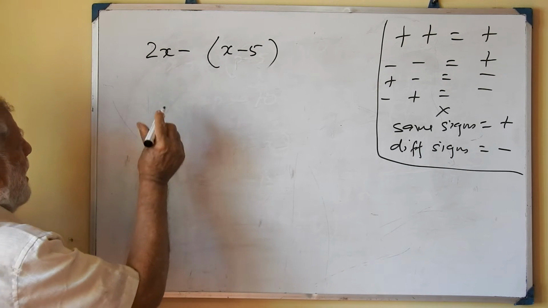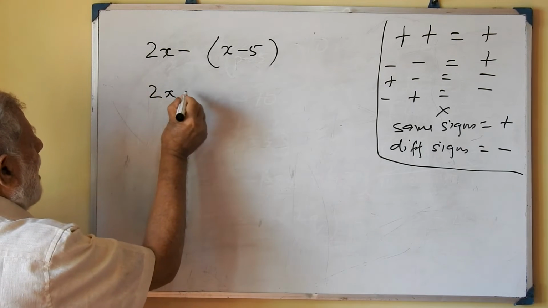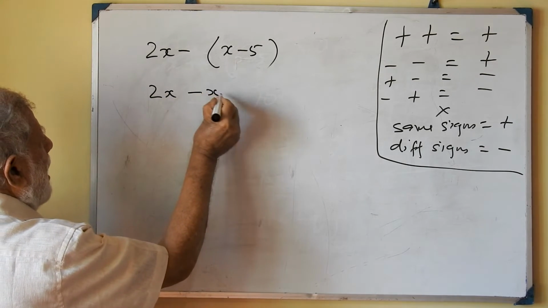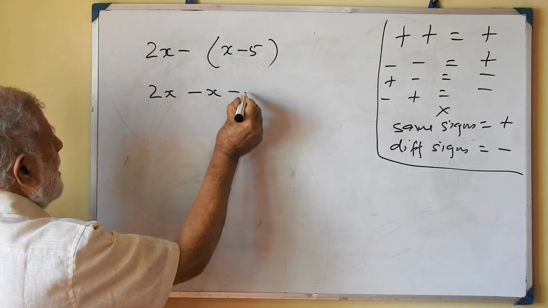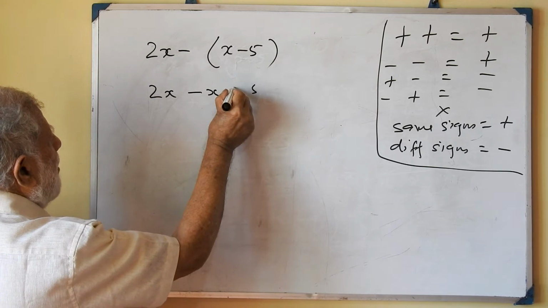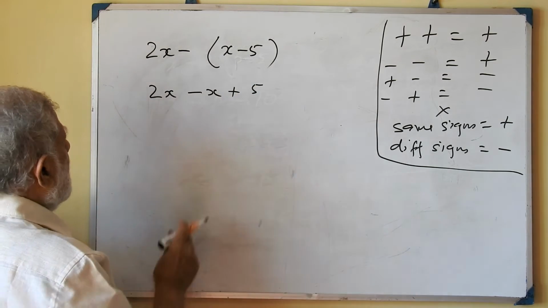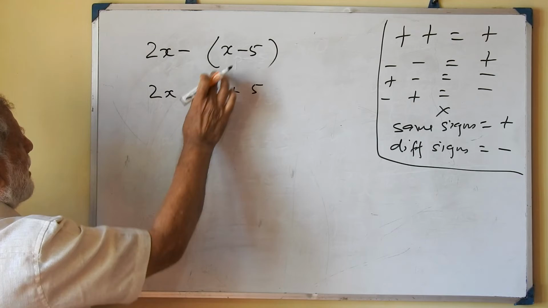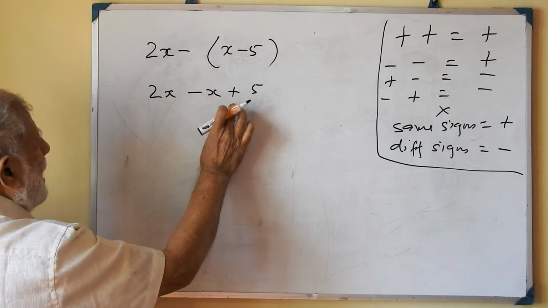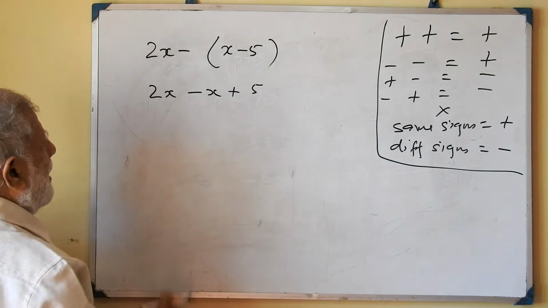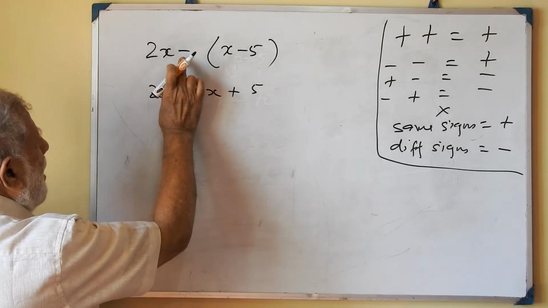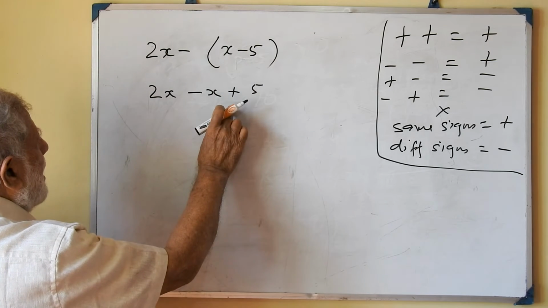So how does it come? 2x here, minus x, minus into plus, minus 5, plus 5. So 2x, minus into x, minus, and minus into minus, plus, 1 into 5, 5. So three things you have to multiply here.